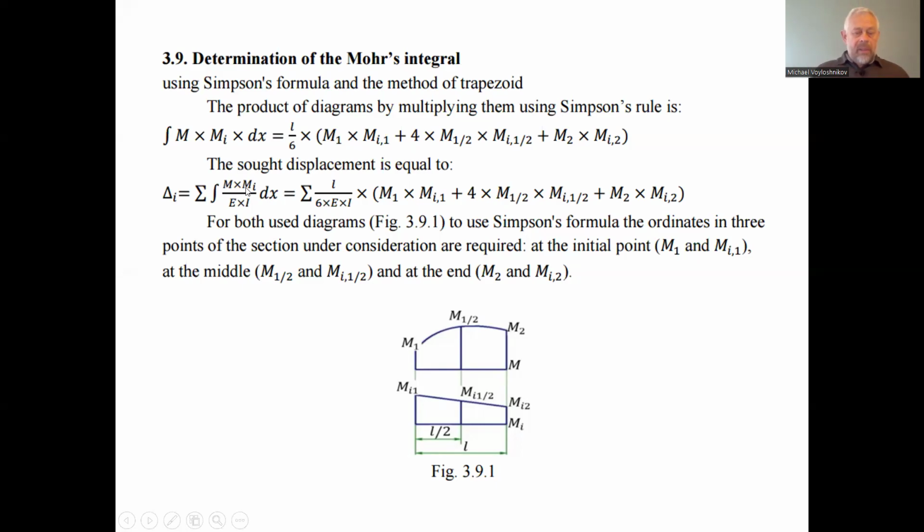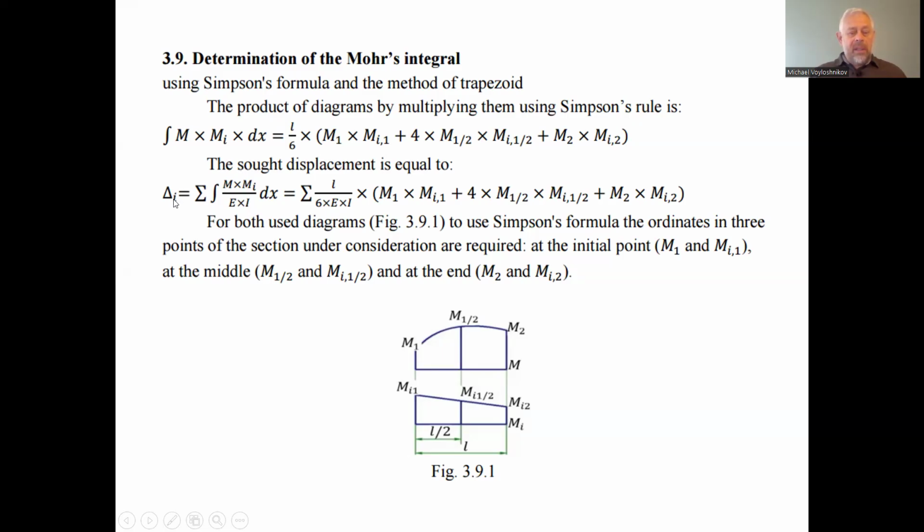And the second factor in the numerator is the bending moment from the influence of the unit effort. Unit force, maybe unit moment, applied to the point in the direction in which we are looking for the displacement using the Mohr integral.